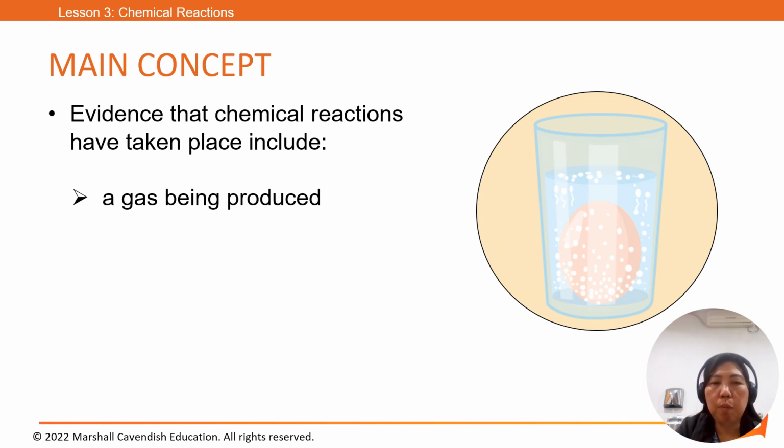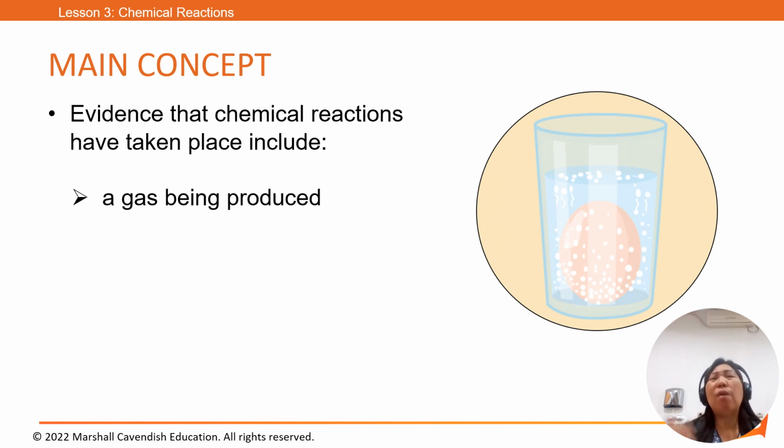A gas is being produced when we put an egg into a glass of vinegar. The question will be next, is there any new substance formed? Well, of course, definitely yes, because the eggshell has reacted with the vinegar to produce the gas carbon dioxide.